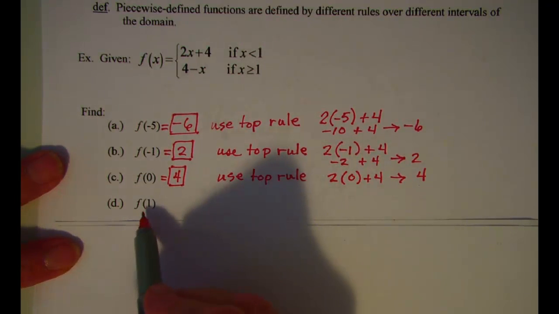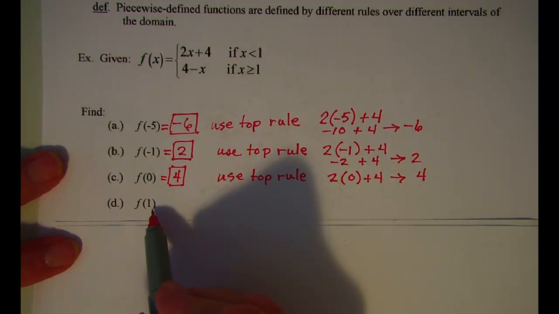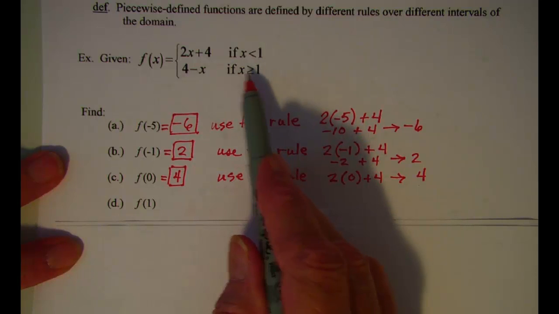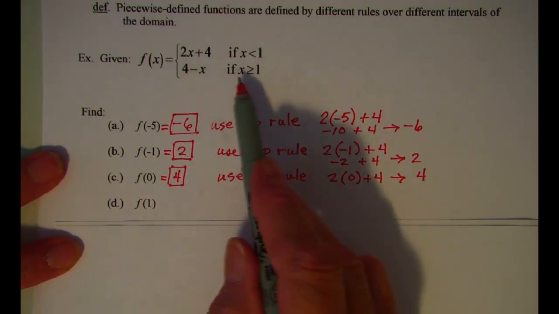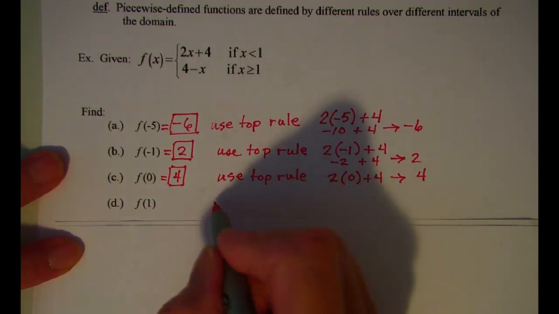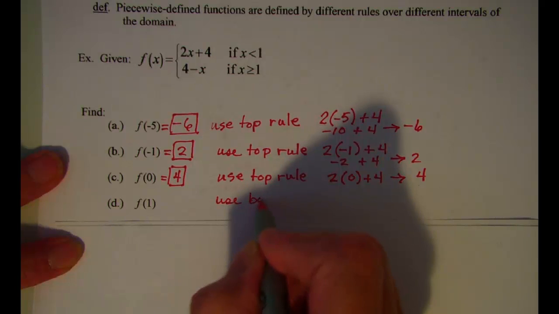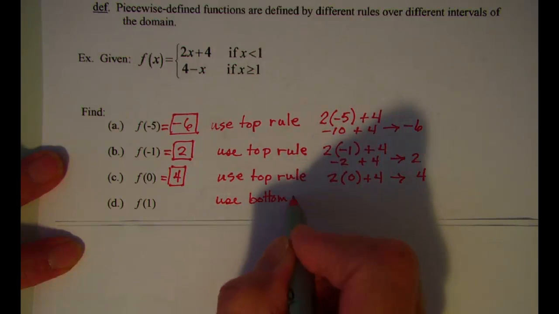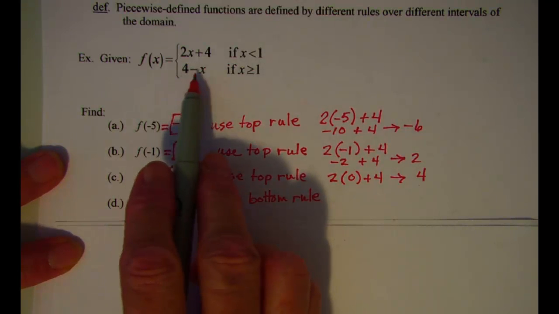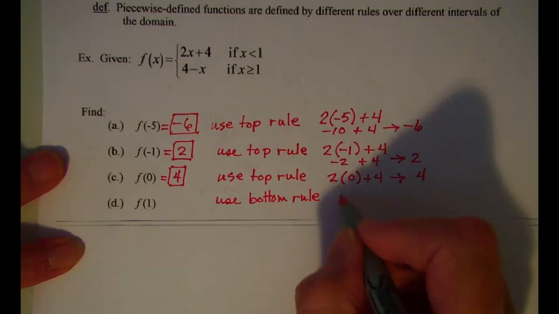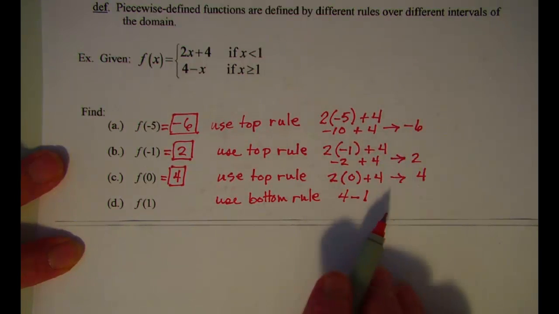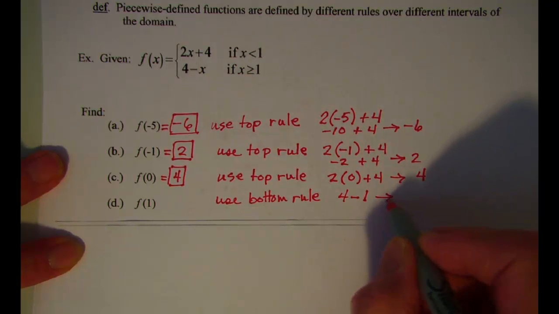And for this one, I'm told that x is equal to 1. This means that I'm going to have to use the bottom rule because I use this rule when x is greater than or equal to 1. So use the bottom rule, and that rule is 4 subtract x. So 4 subtract 1, because my x is 1, and this value is 3.